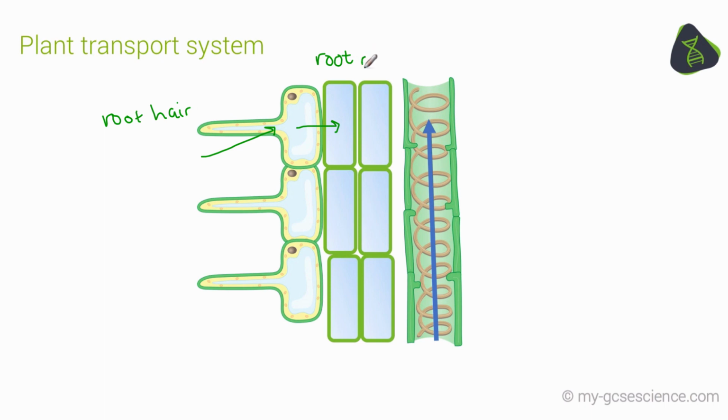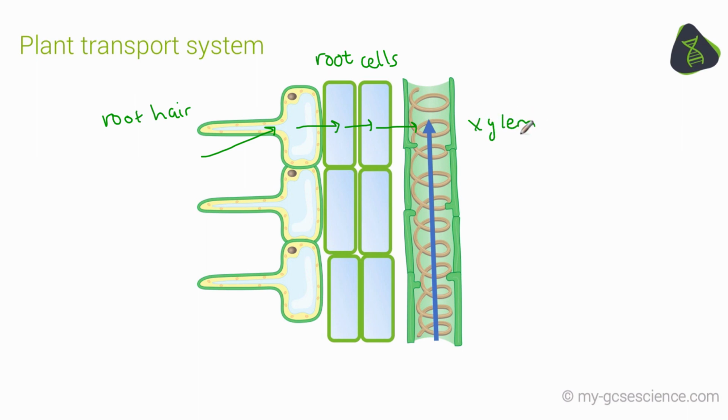So these are just cells that are found in the roots, but they do not have this extension of their surface area, and they'll flow through several layers of these root cells until the water and mineral ions get into this xylem vessel.